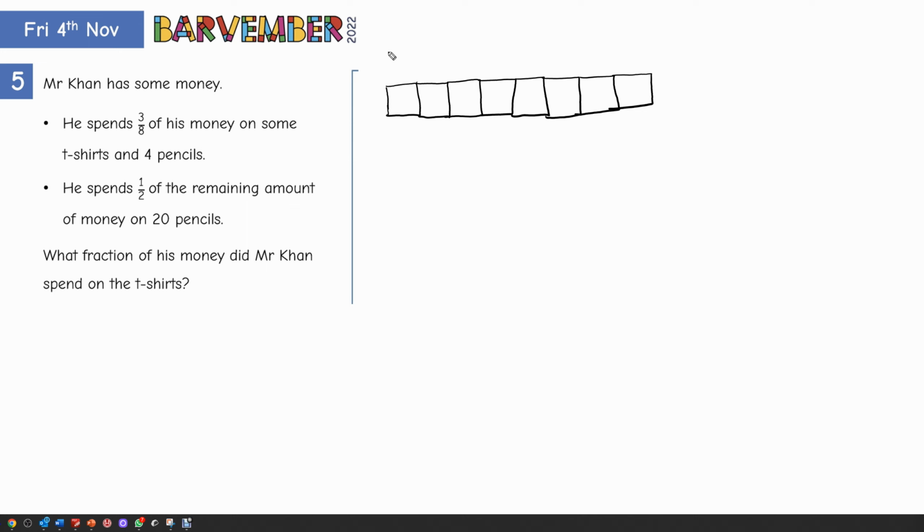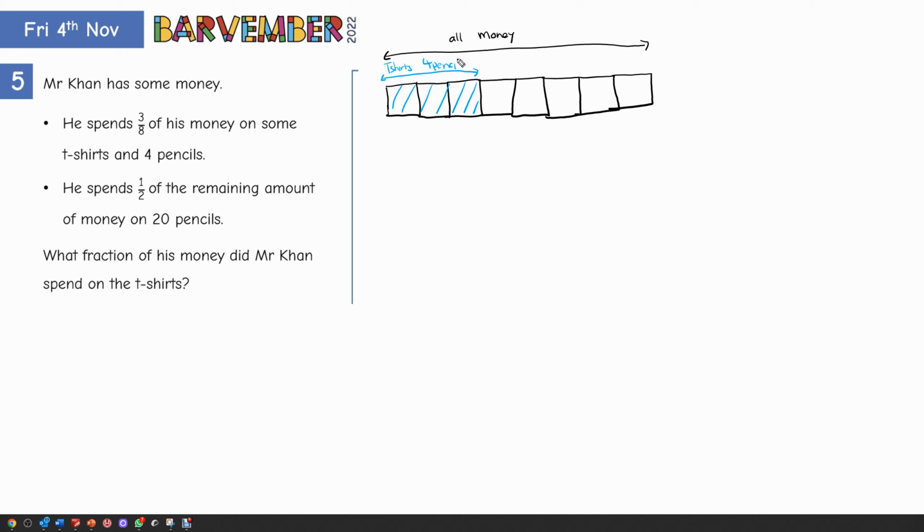Okay, and so this represents all the money, of course. So this is all the money. And we're told that he spends 3/8 of his money on some t-shirts and 4 pencils. So let's do the 3/8. So this here is t-shirts and 4 pencils.